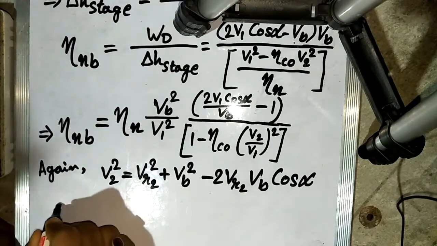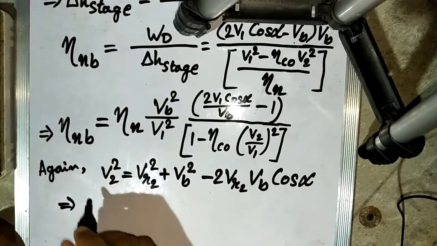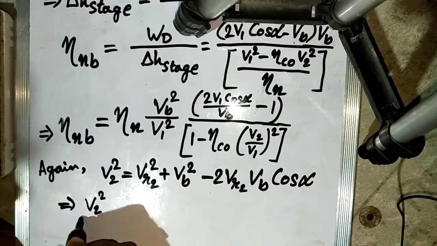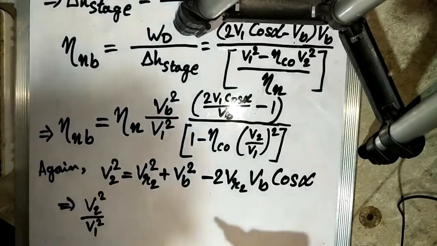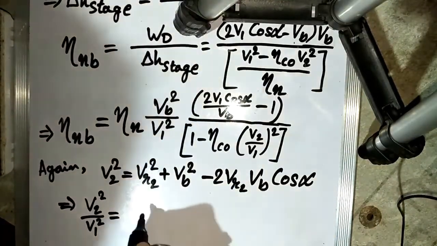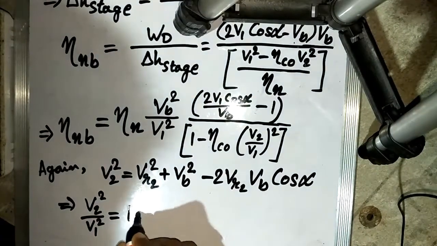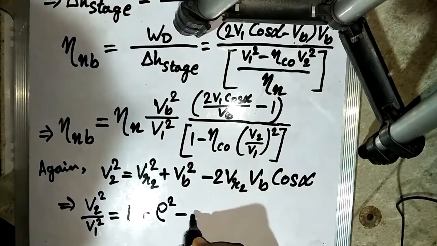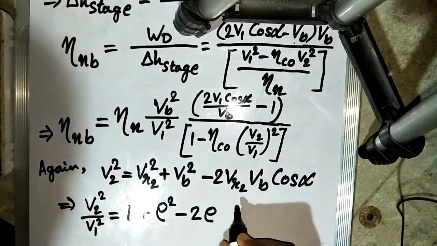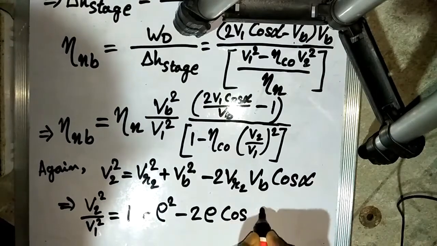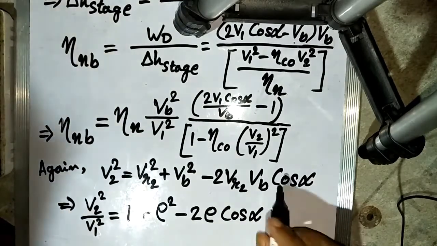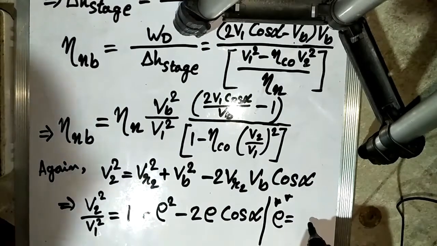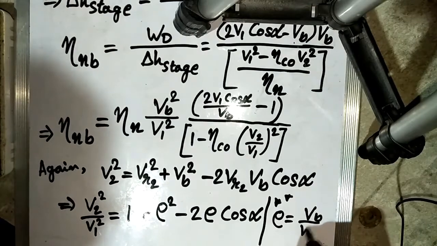So we can write V2 square by V1 square equals 1 plus rho square minus 2 rho cos alpha, where rho equals Vb by V1.